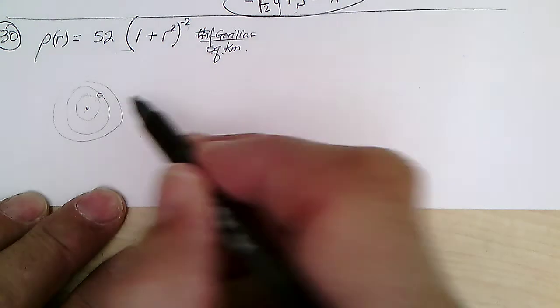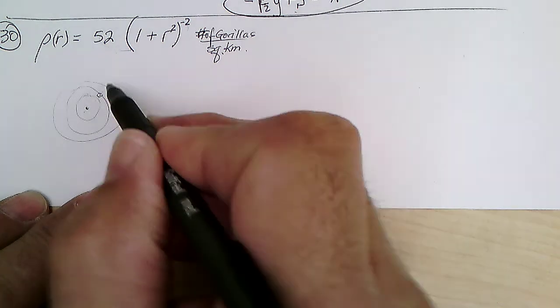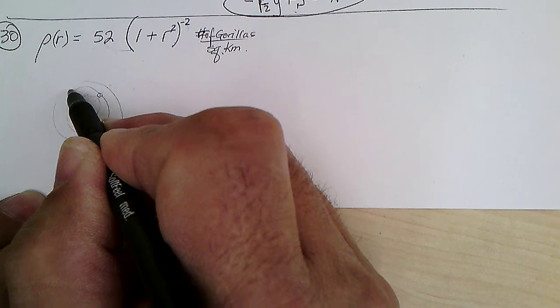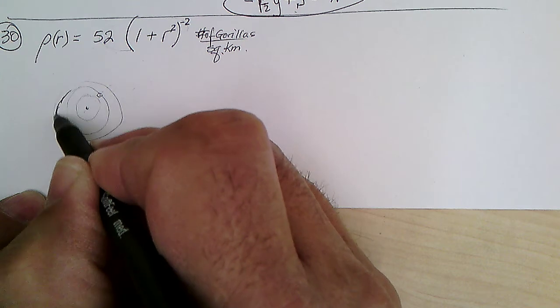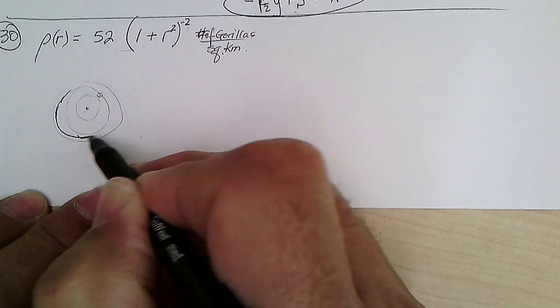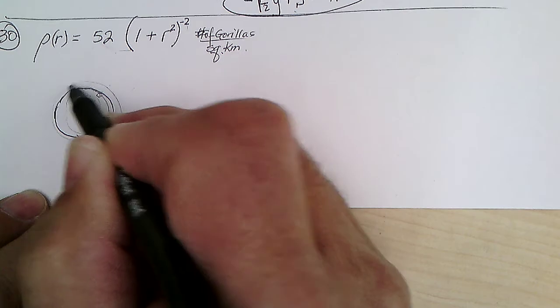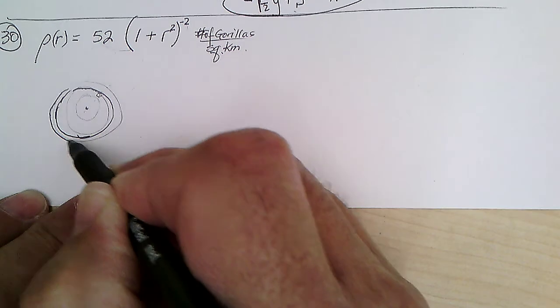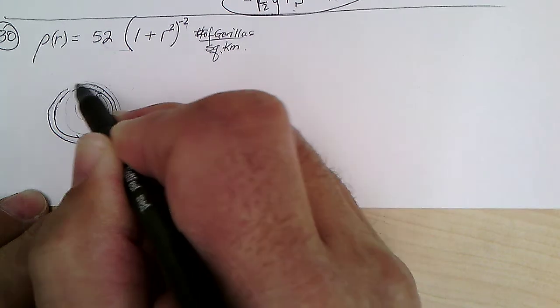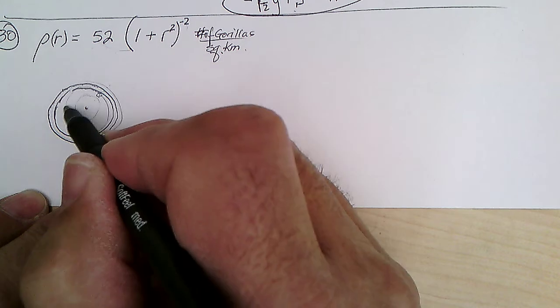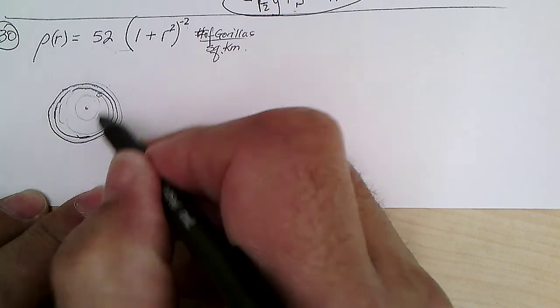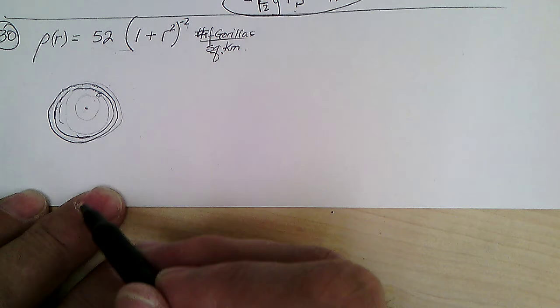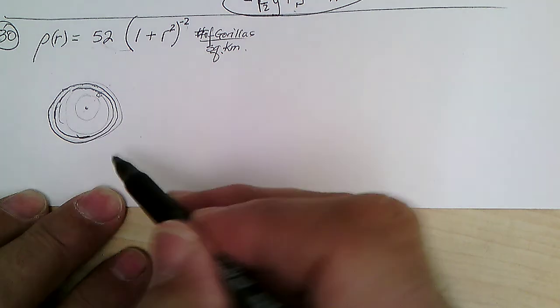So the idea is that the density should be all the same at some equal distance out here. And we want to find out all the gorillas on that ring, and then on the closer ring, and then on a closer ring, and work all the way in, or vice versa, all the way out.